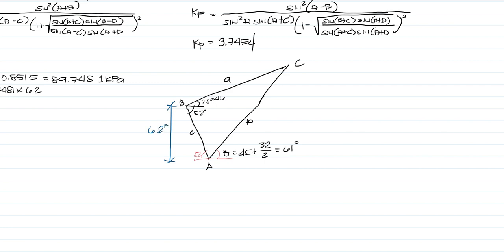So ngayon, coming from this triangle, ang una nating hanapin yung angle on A, which is ito. So to get that angle, so angle A will just be equivalent to 180 minus 52 minus yung 61. So that will be an angle which is 67 degrees.